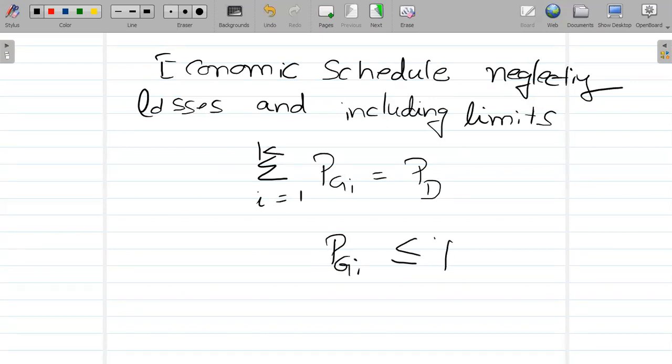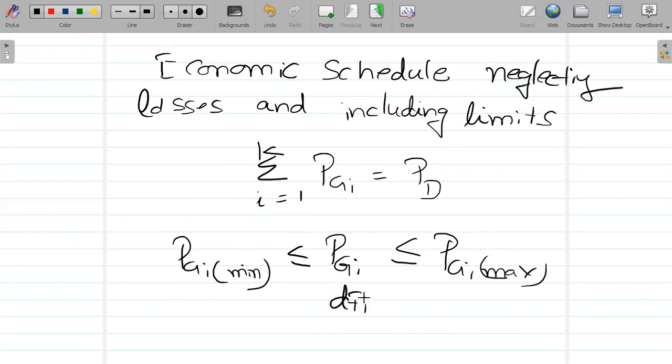There is a maximum limit, and there is a minimum limit. So here also, in the economic scheduling problem, the incremental fuel cost of each plant should be the same, and equal to lambda, where lambda is called the Lagrangian multiplier, and i equal to 1 to k.